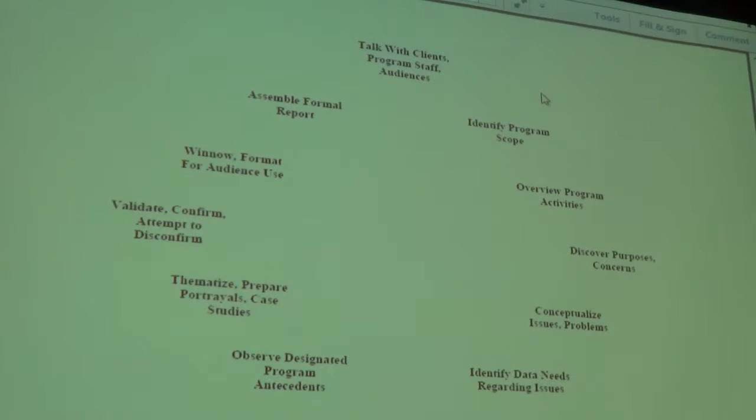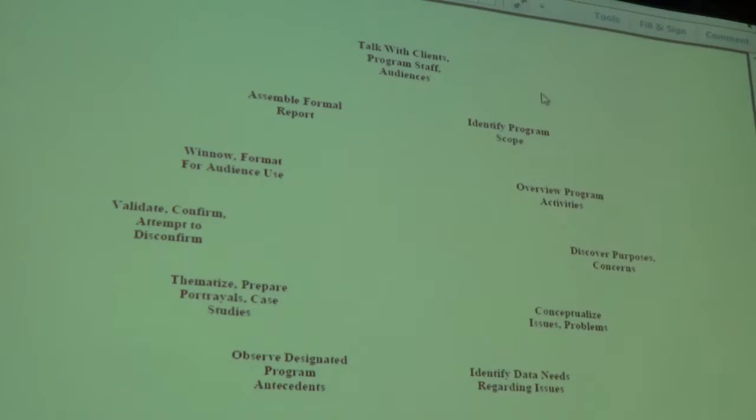Once you do that, then you conceptualize the issues and problems. And this is very similar to what I've asked you to do for both assignment number 1 and assignment number 2. Based on the data collection that you have, what are the issues? In assignment number 1, what were the service delivery issues? And in assignment number 2, what are the fiscal condition issues and what are the problems?